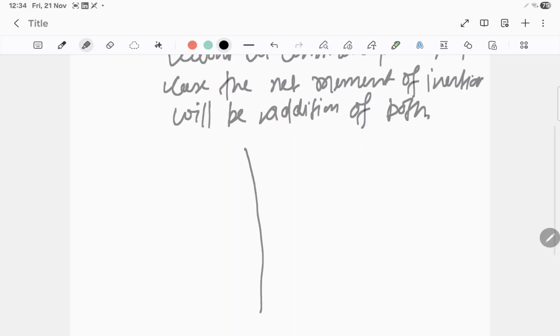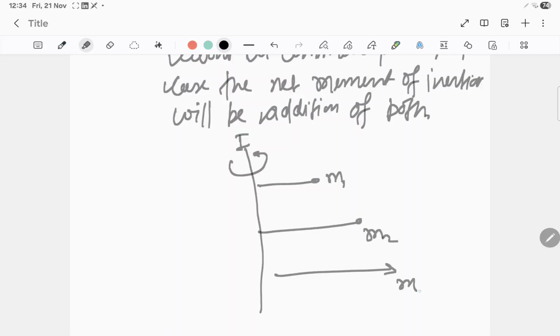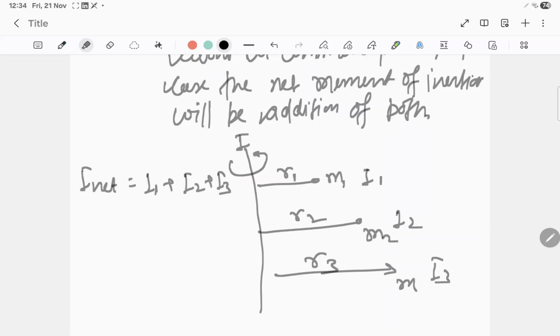Suppose this is the axis and we want to find the moment of inertia about this axis. This is mass m1, this is m2 and this is m3, at distances r1, r2 and r3. So in this case I net will be I1 plus I2 plus I3.